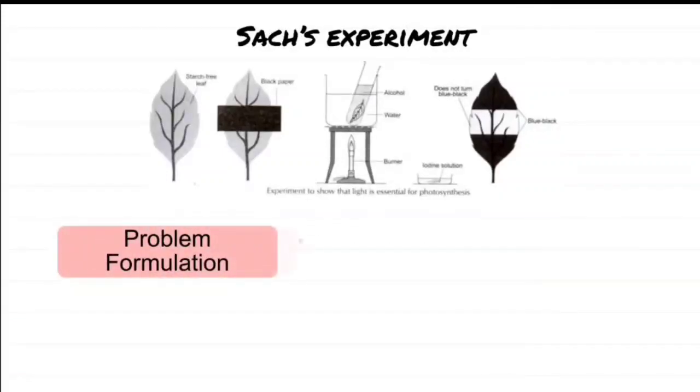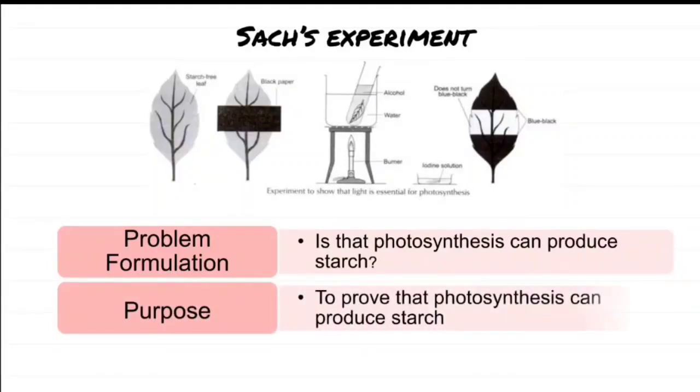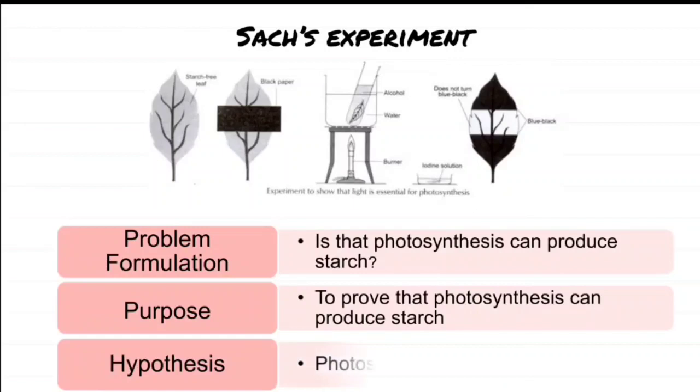First, problem formulation: can photosynthesis produce starch? And then the purpose: to prove that photosynthesis can produce starch. And the hypothesis: photosynthesis can produce starch.